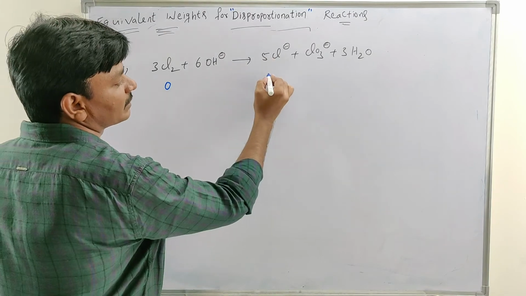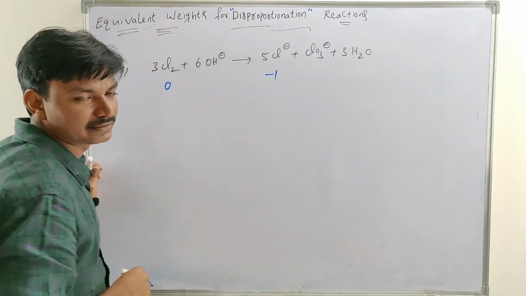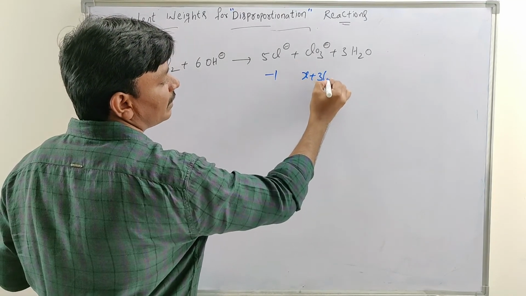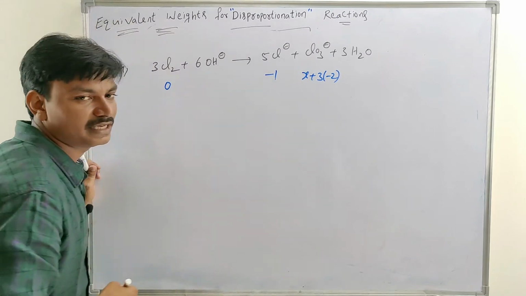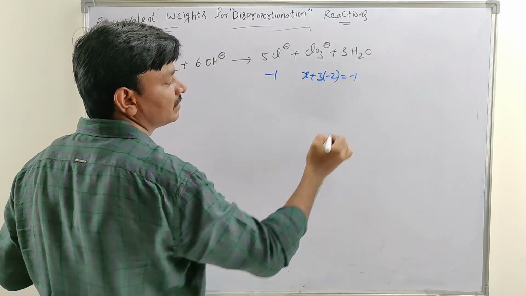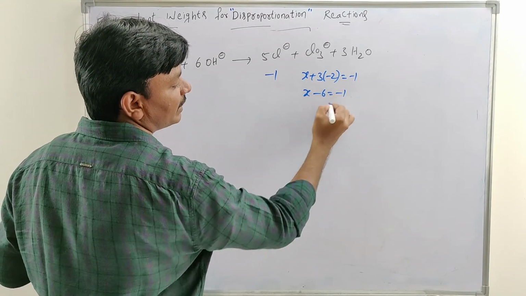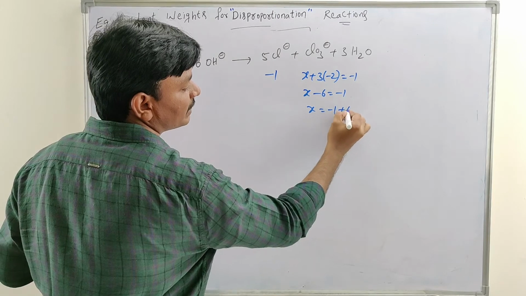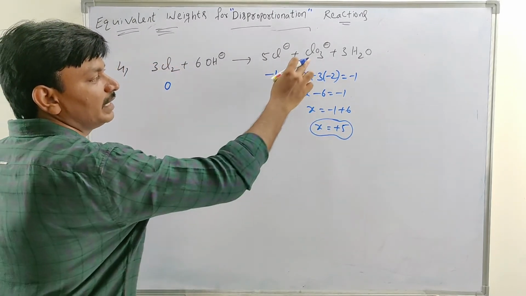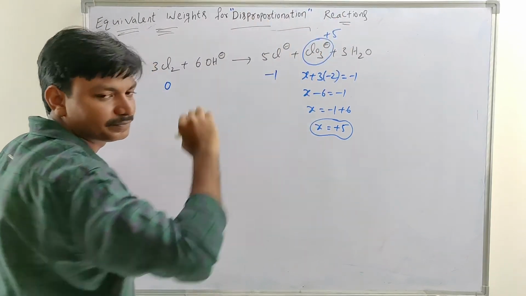In Cl minus, it is -1. In ClO3 minus, chlorine is X plus 3 into -2 for each oxygen atom, equal to the -1 charge. So X minus 6 equals -1, X equals -1 plus 6, X equals +5. In ClO3 minus, the chlorine oxidation number is +5.